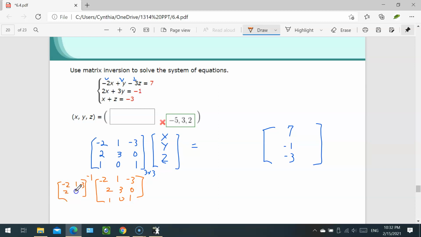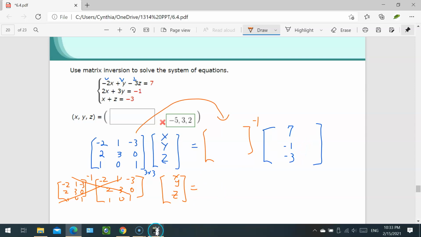You just need to find the inverse, and then these 2 will reduce. Once they reduce, you can find X, Y, Z. And on your right-hand side, don't forget to multiply by the inverse of this one. So now we need to create a matrix A and a matrix B, and then we pull out the matrix A, take the inverse to multiply with the matrix B.